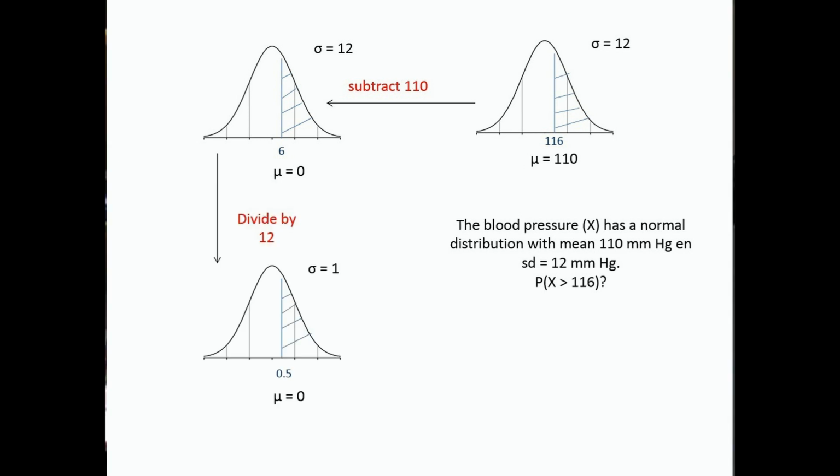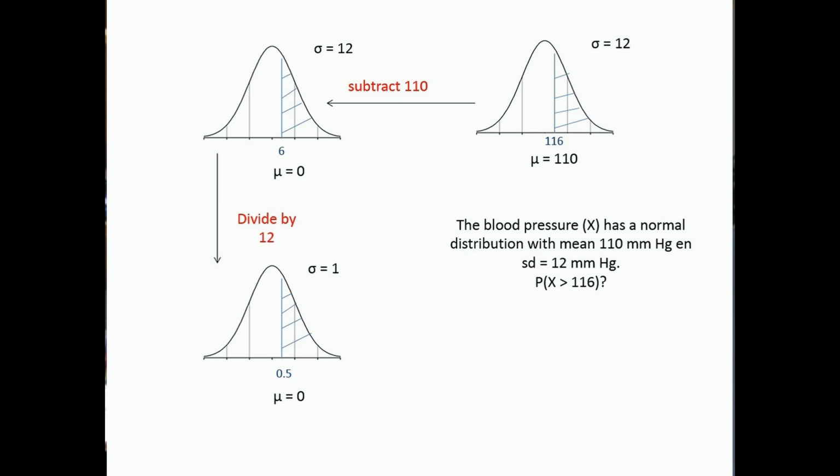The second step will be to change the standard deviation of 12 to a standard deviation of 1 by dividing all values by the given standard deviation of 12. You see, we are still interested in the same part of the distribution. In fact, in all three graphs, it's the area on the right hand side of half a standard deviation above the mean.